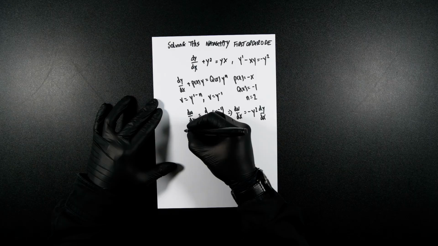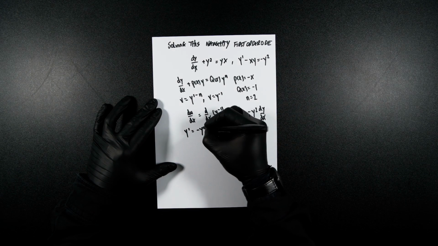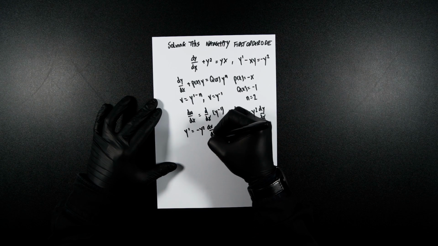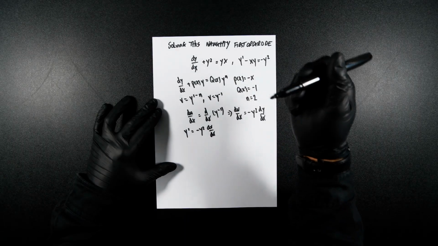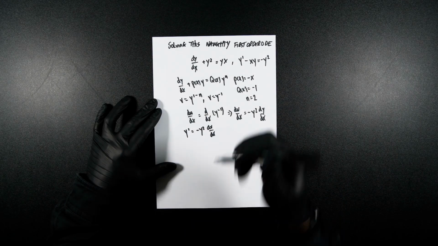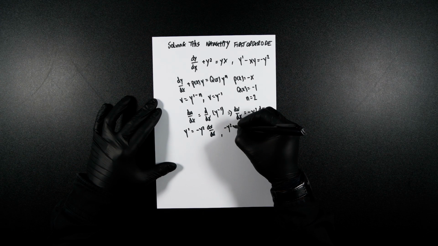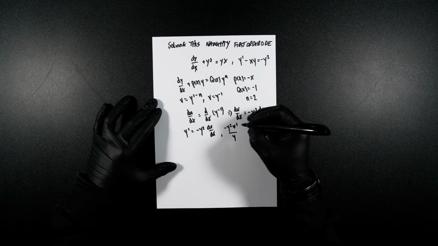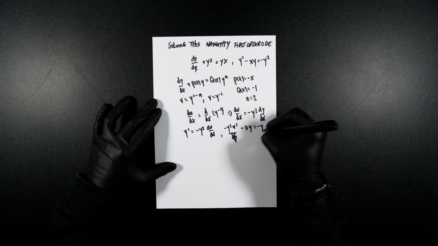So you're going to get y dash, the first differential of y, equals minus y squared dv/dx, and we can now sub this into our ODE. So you're going to get minus y squared v dash over y. Actually, no, I'll do that step in a minute. Minus xy equals minus y squared.